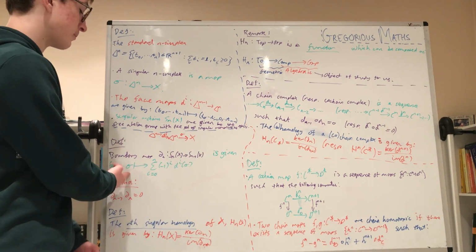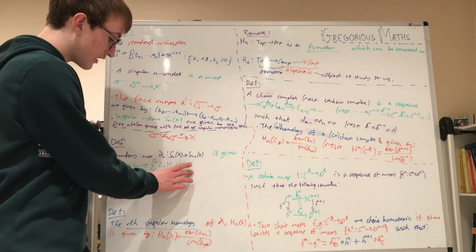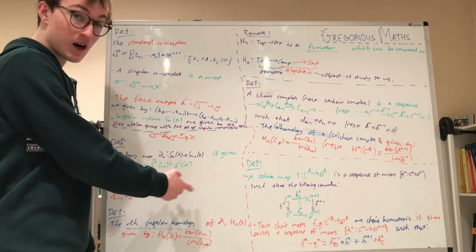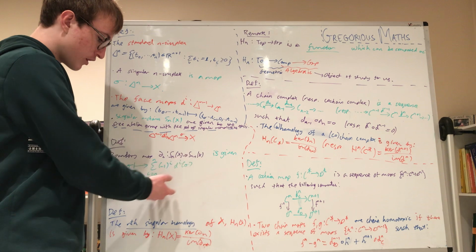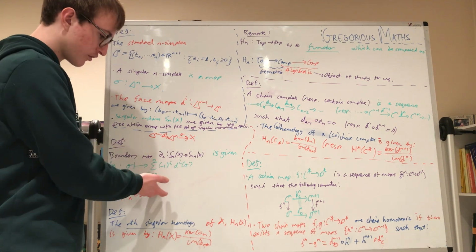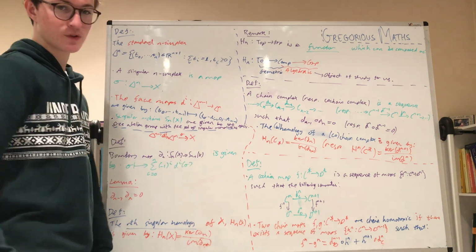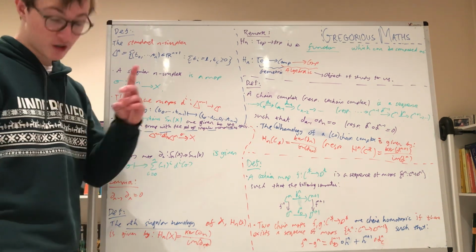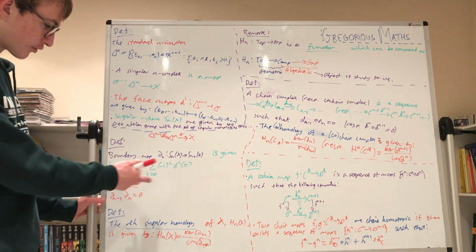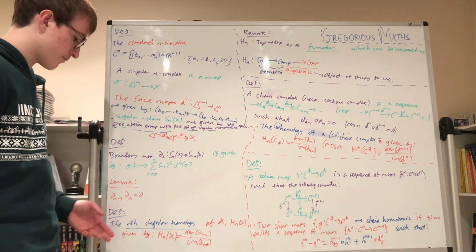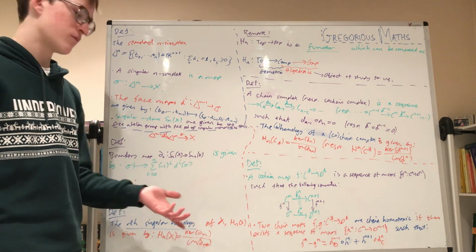We map an n simplex sigma to an alternating sum of all of the ith faces. So you do an alternating sum of all of the faces of this n simplex, and you end up with an n-1 simplex.